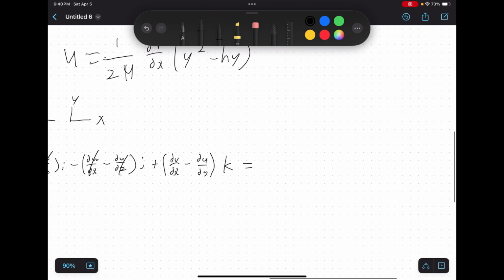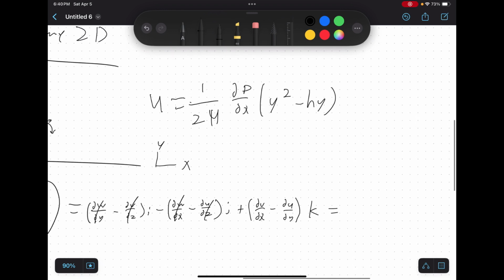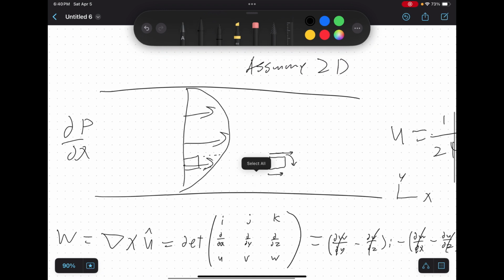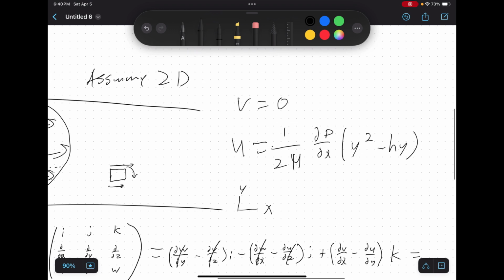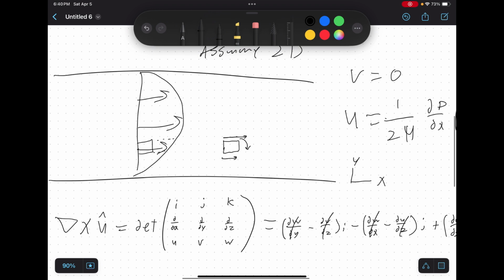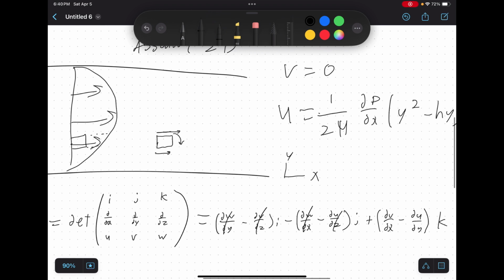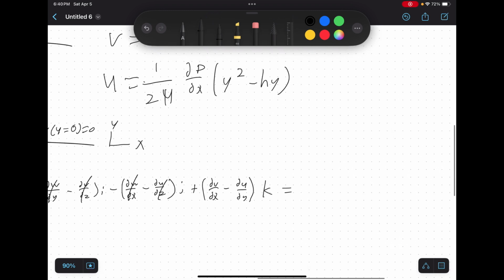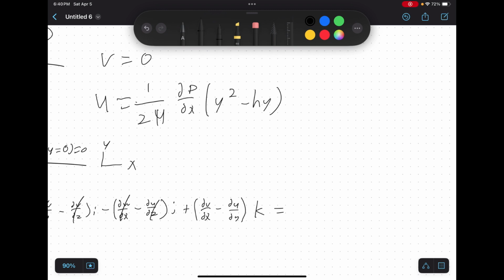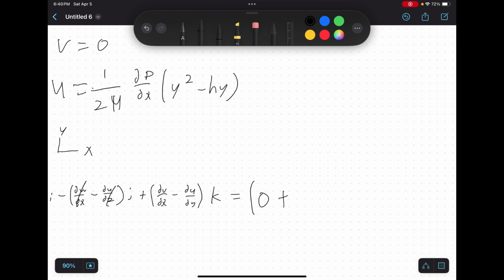So then dv/dx, and if you did the problem, you would find out that v is 0, because if you do the continuity and then use the boundary condition, v at y equals 0, you'll get that v is 0. So you got v is 0 and u is this big thing. So dv/dx, derivative of 0 is 0. So it would be 0 plus du/dy.